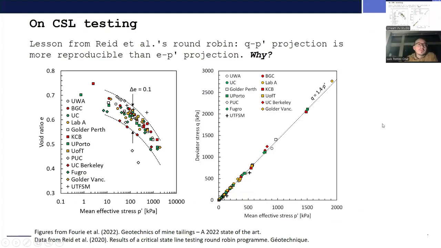Moving on to determination of the critical state line, some of you might know that a couple of years ago, David Reed and Andy Fourie ran this round robin exercise in which they took a sample of tailings and sent a sample of the same tailings to several geotechnical laboratories around the world, and each laboratory was to measure the critical state line of those tailings.